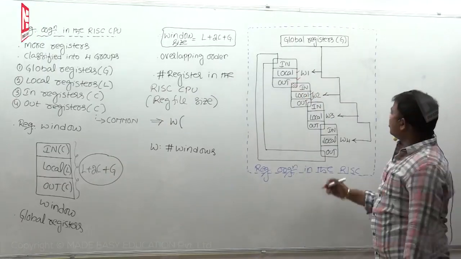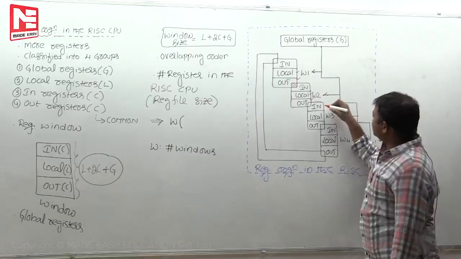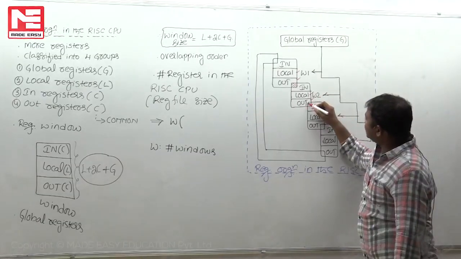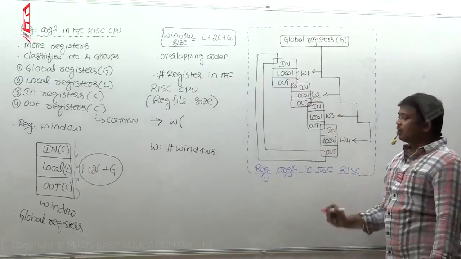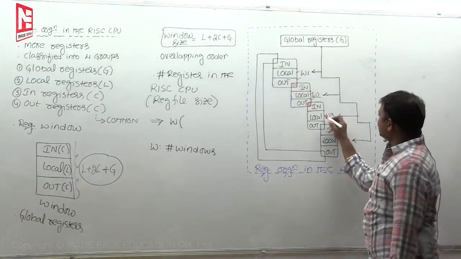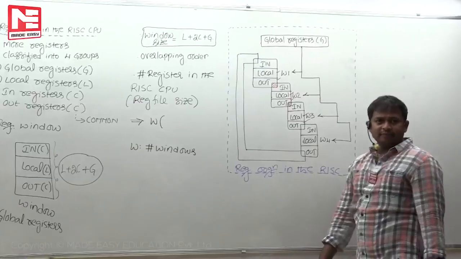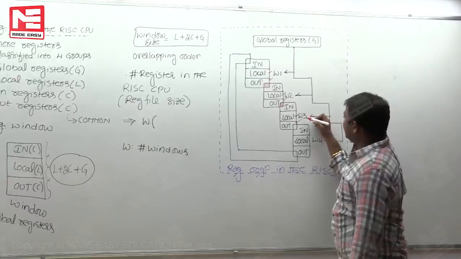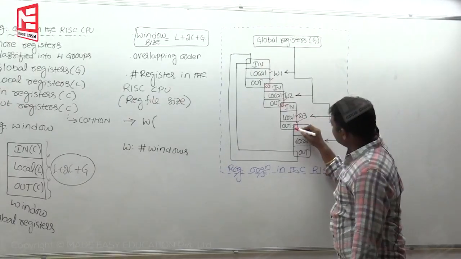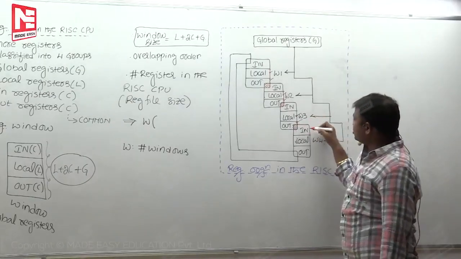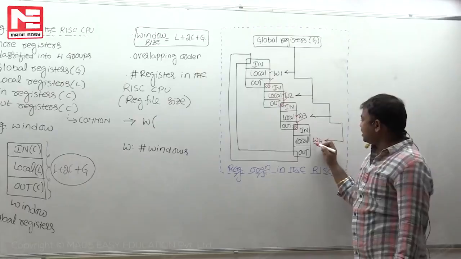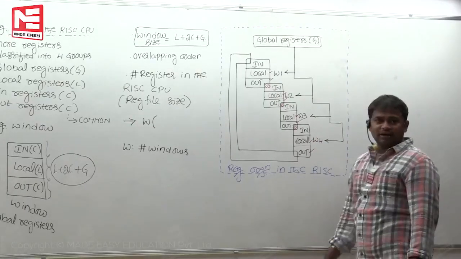Is it okay? Now come to W3. W3 in registers and W2 out registers are the same. When you count them there, no need to count here. Now in W3, local and out are counted. Got the point? W3 out registers and W4 in registers are the same, so no need to count the in registers in W4. Count only local and out.